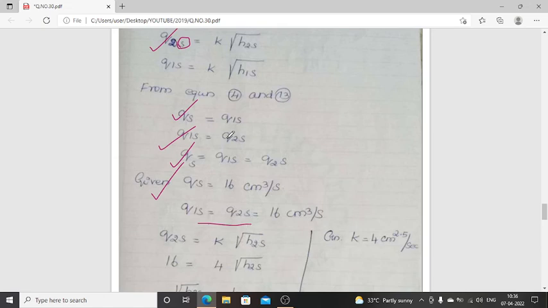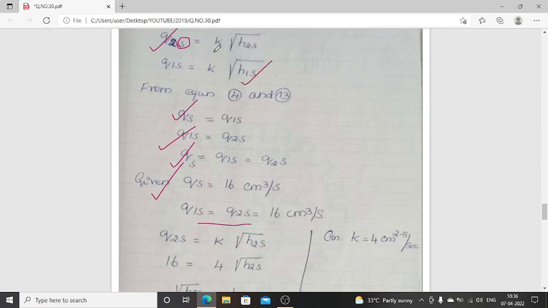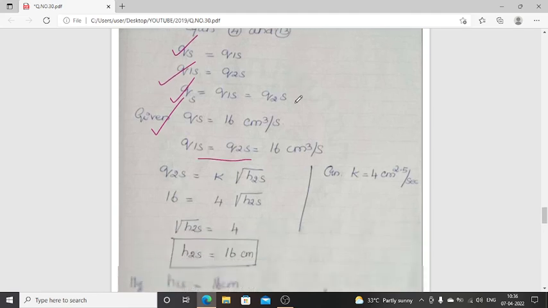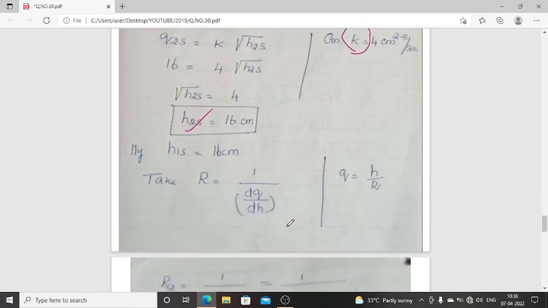So take this value: Q1s is equal to k into root of h1s, Q2s is equal to k into root of h2s. Substitute the value and find out the h2s value. Here the k value is also a constant, given. We should take that value. So finally we get h2s is equal to 16 centimeter. What about h1s? The same value, that is also 16 centimeter.